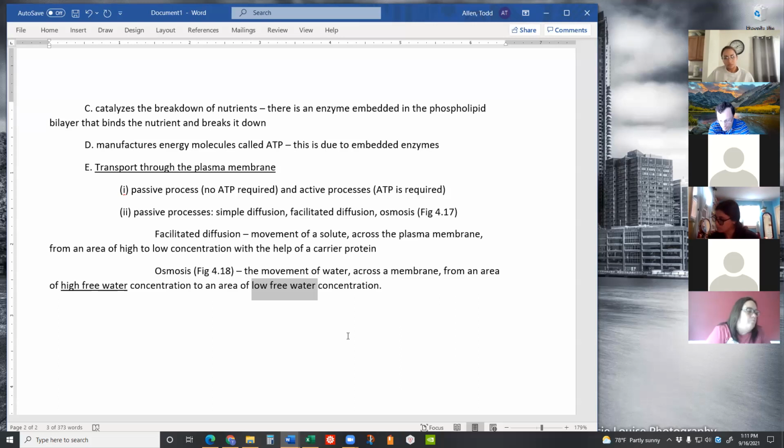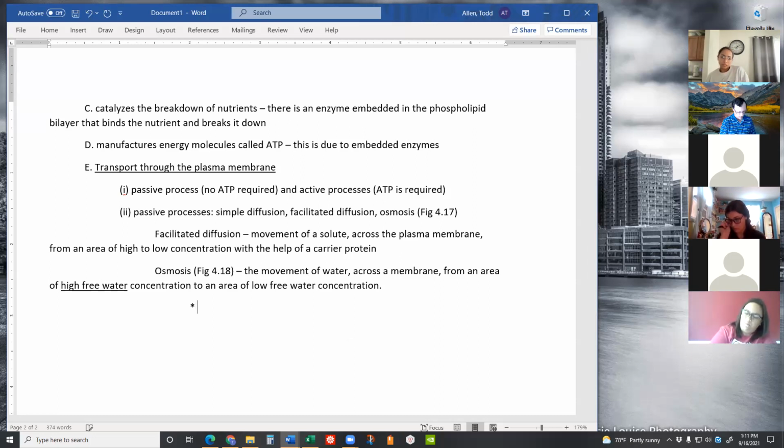Component. Right. The solute, the being a solute. Good, good. Stay with me, Aubriana. You're absolutely right. What does the phrase free water mean? Free water. Yeah, what does that mean?